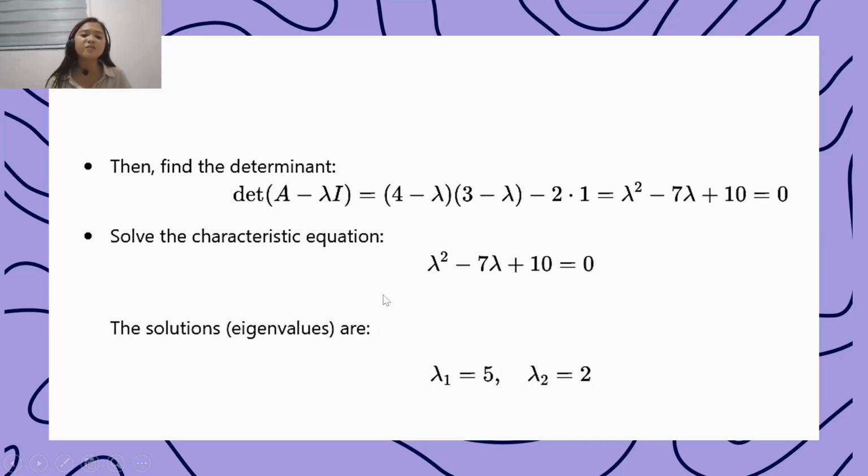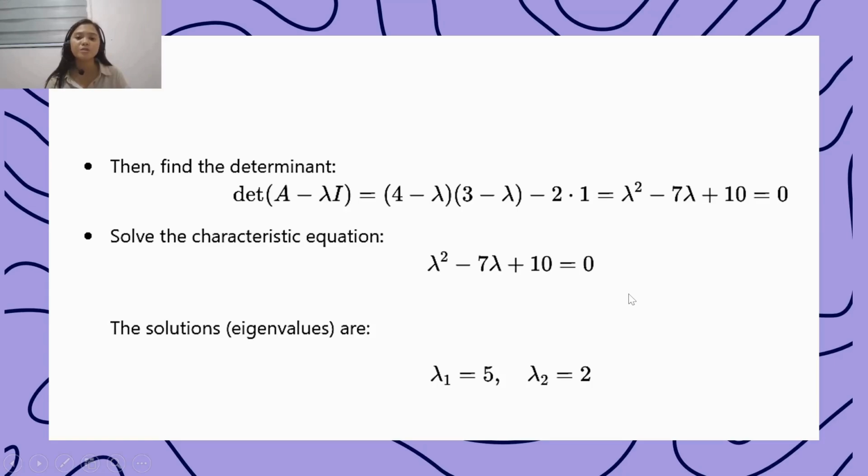To find the eigenvalues, we will just factor this to find our roots. So our factors here are lambda minus 5 and lambda minus 2.